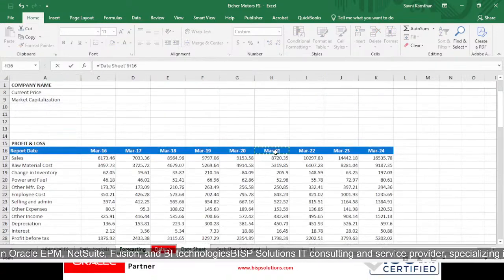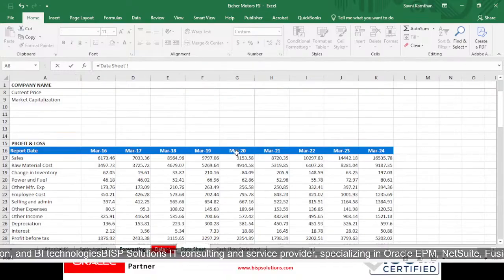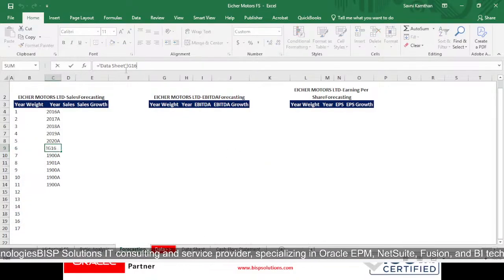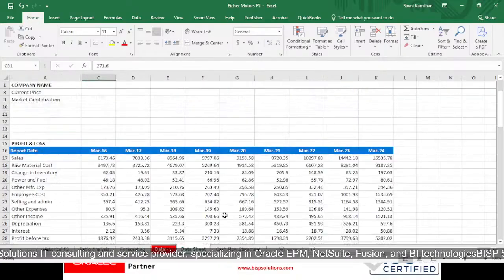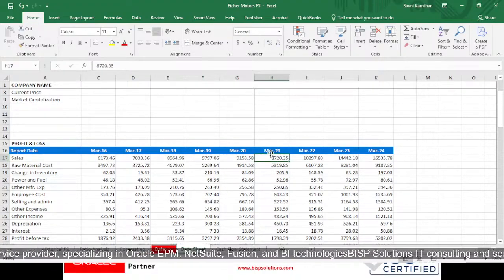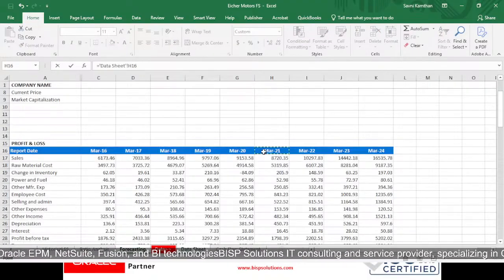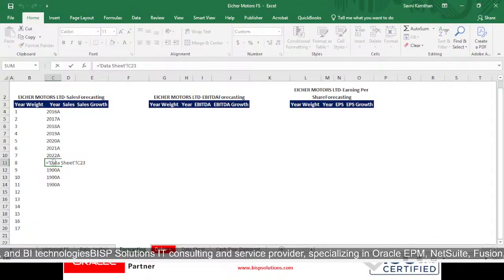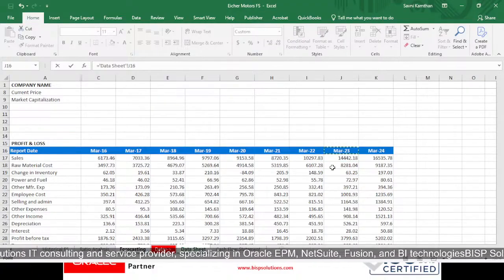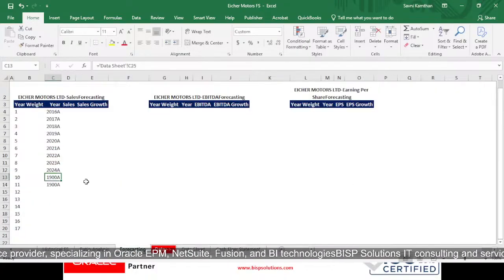Equals to 2021, okay, sorry, datasheet 2021, then equals to datasheet 2022, then again datasheet 23 and datasheet 24, done.